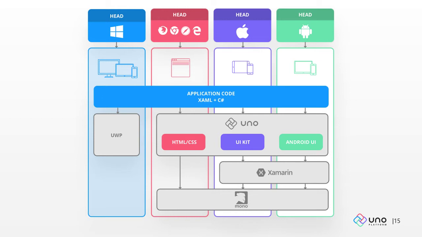Finally, for WebAssembly, UNO renders your XAML using HTML and CSS and uses some JavaScript to do that. Underneath UNO is then again Mono framework that's running in the browser as WebAssembly.